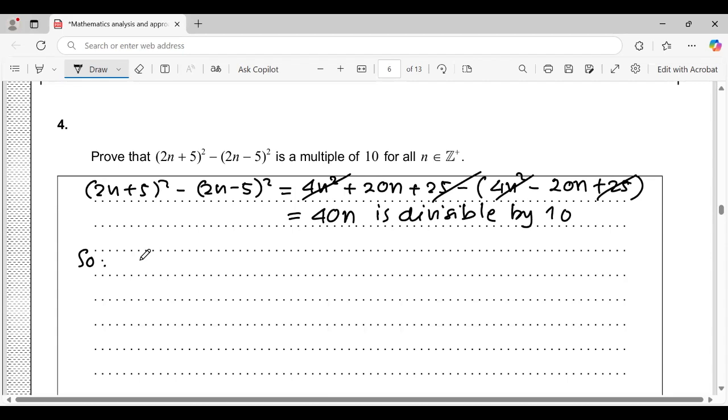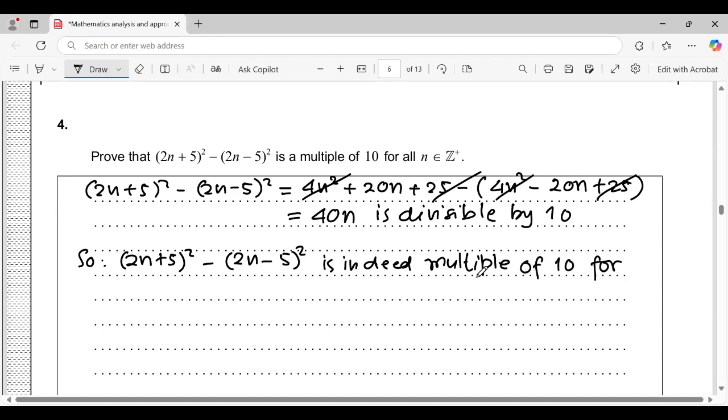So we can state that (2n plus 5) squared minus (2n minus 5) squared is indeed a multiple of 10 for all n.